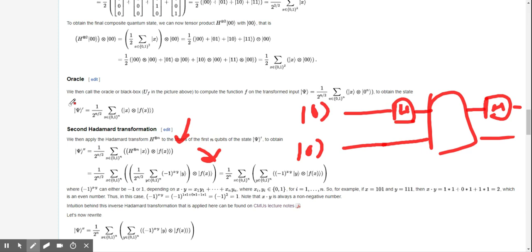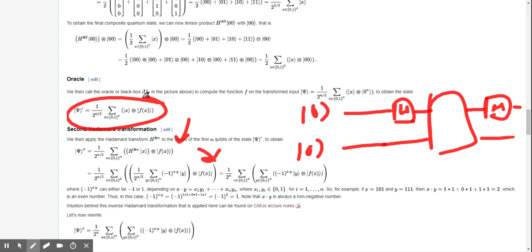So here, this is sort of the result of the oracle. Basically we've got a superposition of the input and the output of the function.